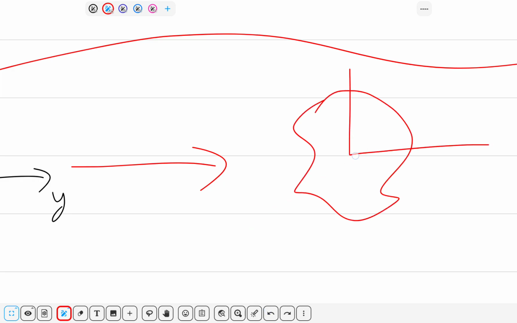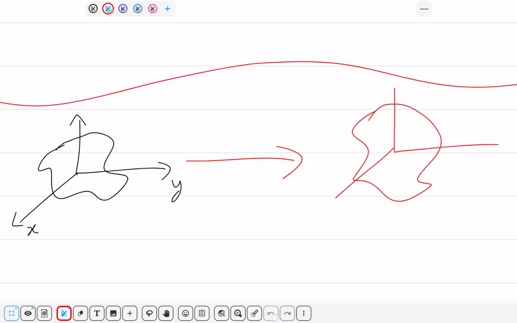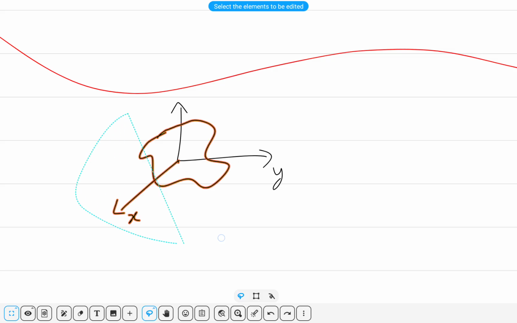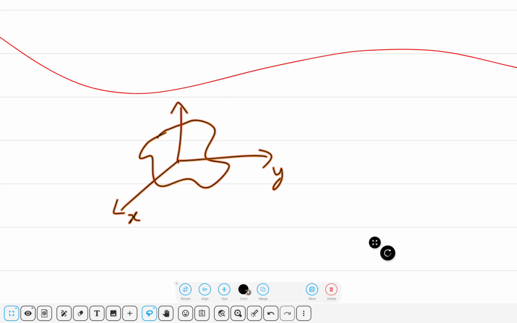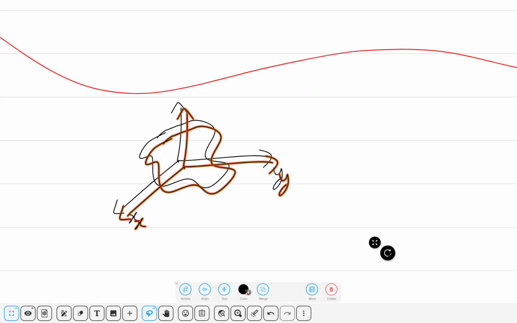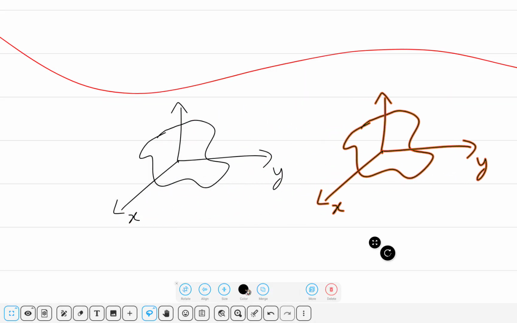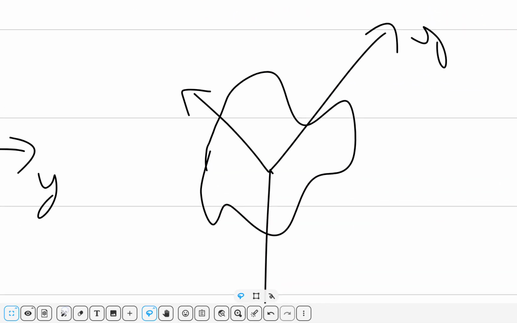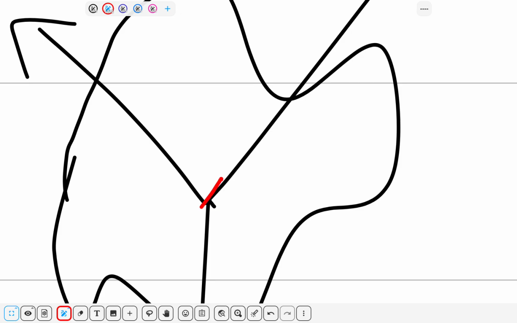I can just copy this thing, and I got another copy, very good, and I can just rotate this up, very nice. I just rotated this thing, though the origin is at the same place.